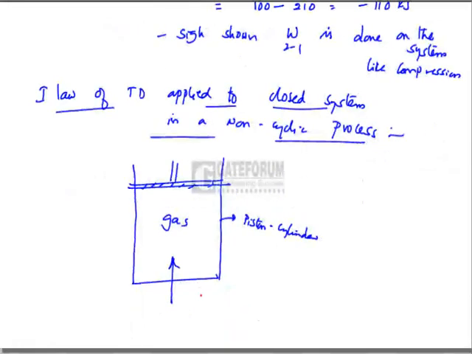Let there be heat supplied to the system of amount 100 kilojoules. This heat should be treated as positive because heat is supplied to the system. And let there be work done by the system, which is treated as positive. Let it be 70 kilojoules of work done by the system on the surroundings.